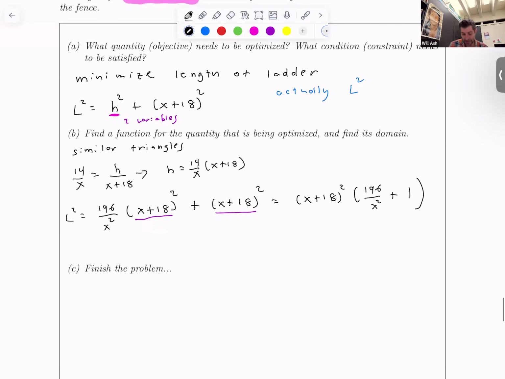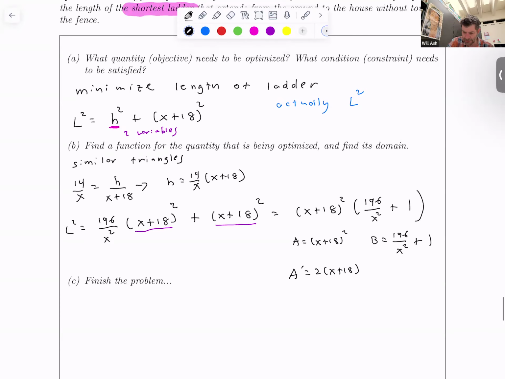All right, so when I find my f prime of x, it's going to be a product rule, with my a term being x plus 18 squared, and my b term being 196 over x squared plus 1. So my a prime is going to be 2 times x plus 18.